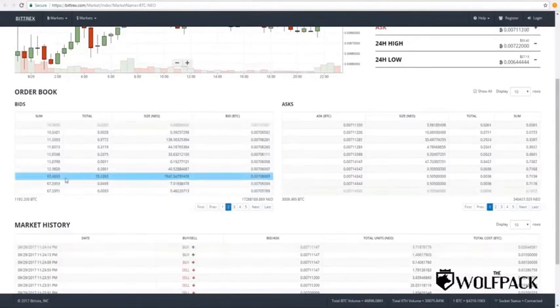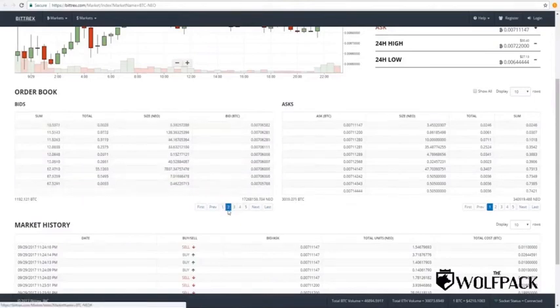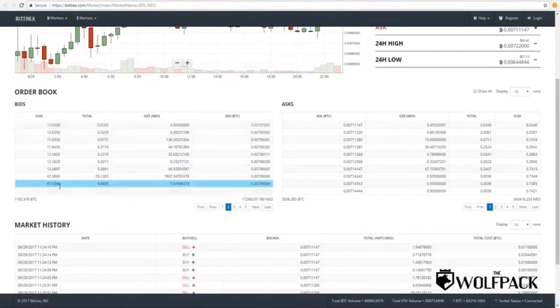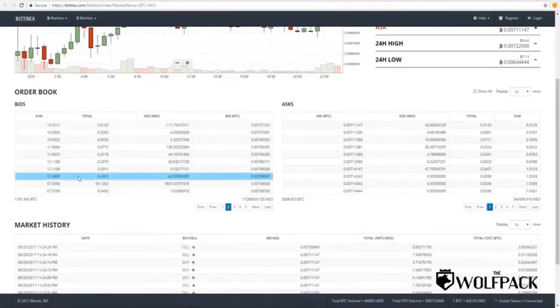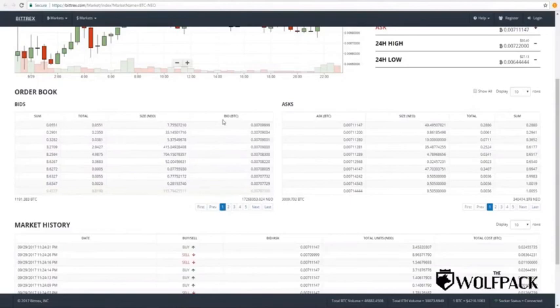This is a spoof wall right here. You see, more than likely, 55 Bitcoin, but it's on the second page. So no one's really, you know, there's 12 Bitcoin that needs to be chewed through before it even challenges this. So I'm pretty sure this was on the first page originally, and then it moved over to the second page once people started FOMOing in.